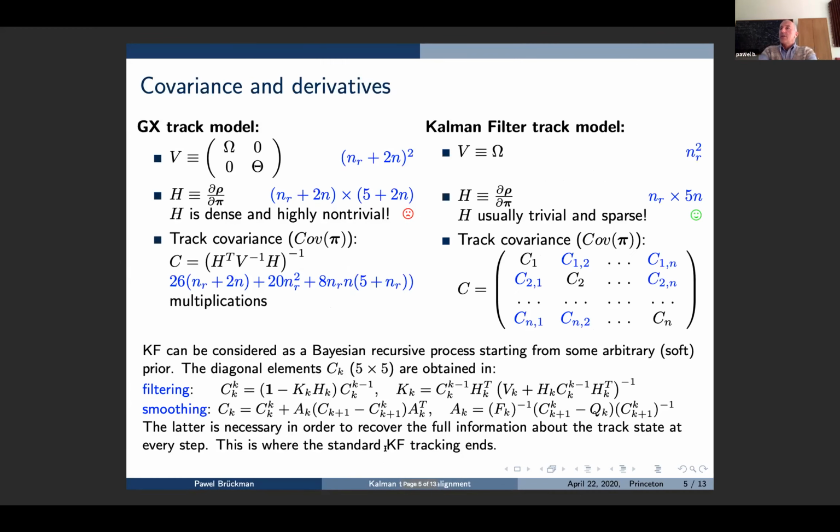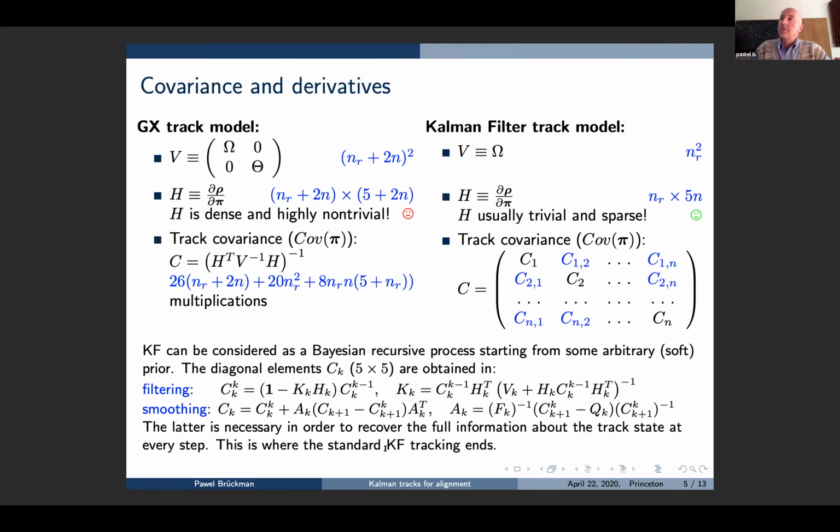Let me again expand a little bit and check on the dimensions and the size of the objects that we have to deal with. On the global chi-square side, you know already the covariance.